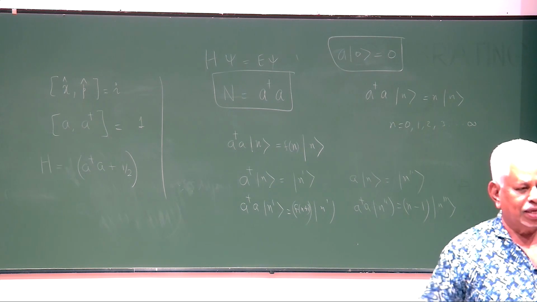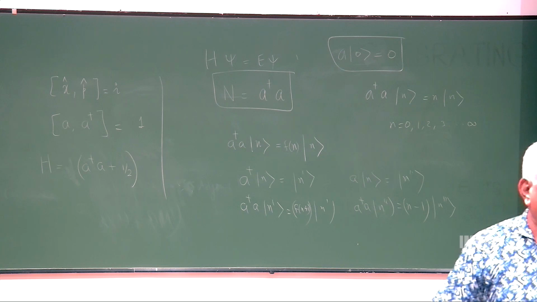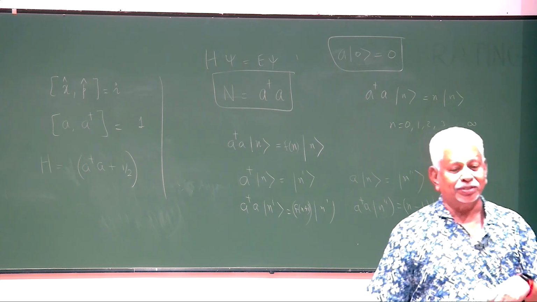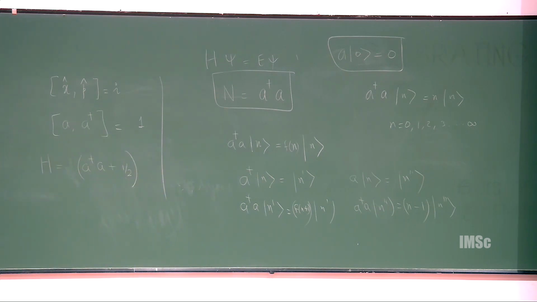He called it the Trimurti. A, A dagger and N are the Trimurti. I was surprised that this guy from Japan is talking about this, but it was interesting. So this is the nature of these operators.